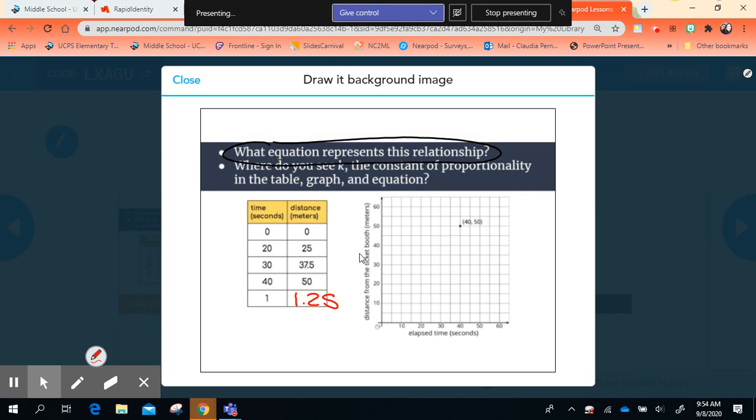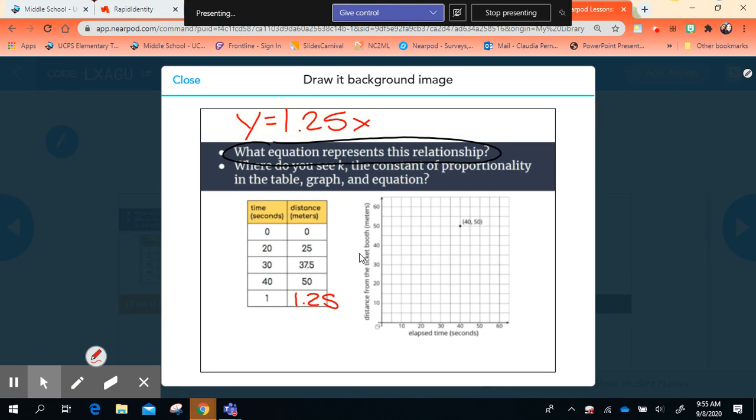So, Randy, what would the equation be? Y equals what? Y equals 1.25x. That's perfect. So if I'm asking you, what is the equation? You're writing out y equals 1.25x.